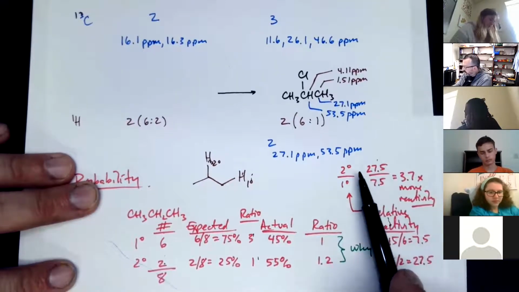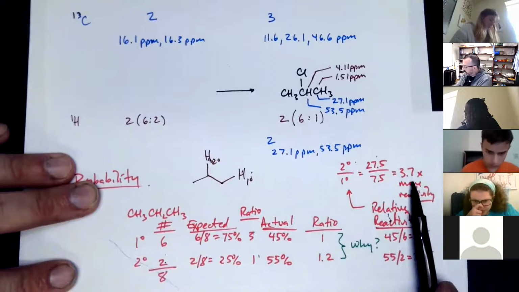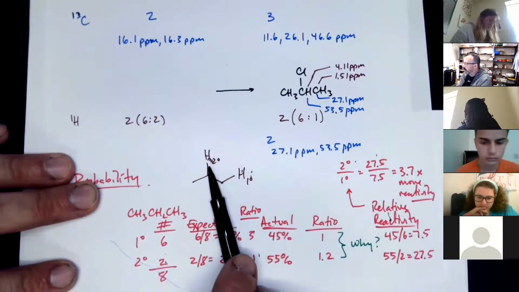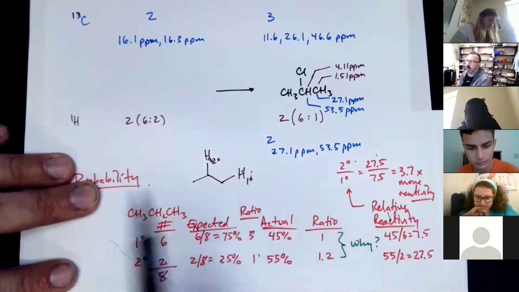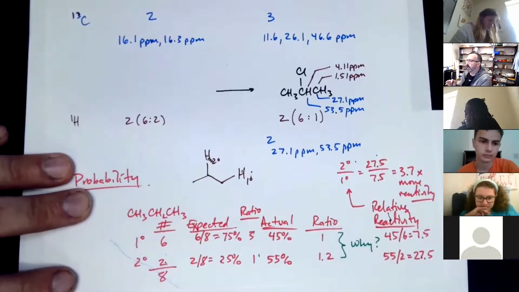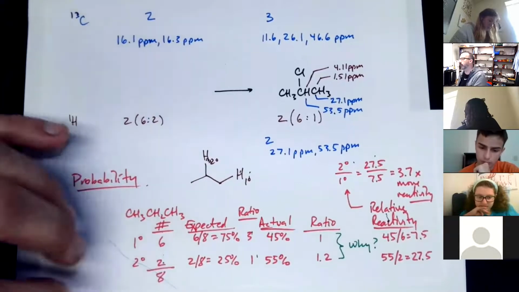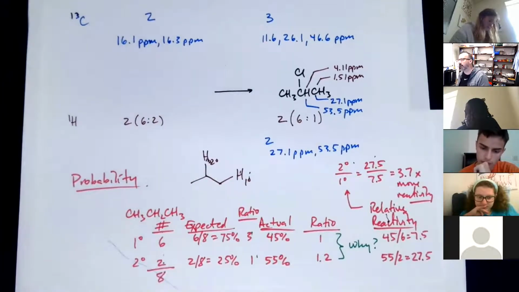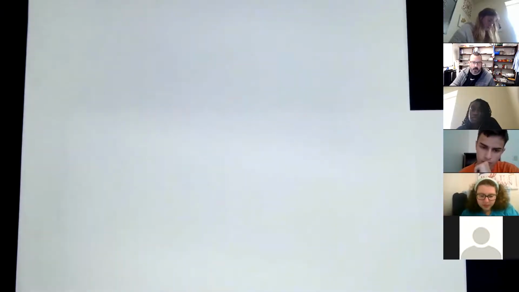Now, this ratio of secondary to primary tells you that the secondary hydrogens are more reactive than the primary. And this is how we rationalize what type of hydrogen gets substituted when we do a radical reaction. But why is that?